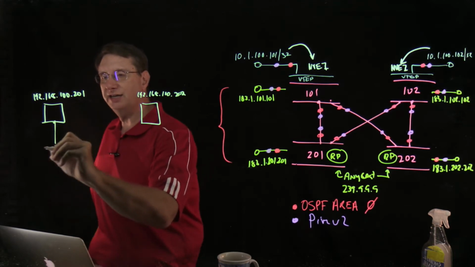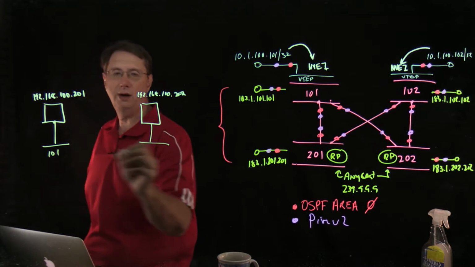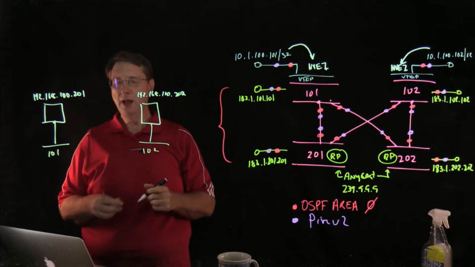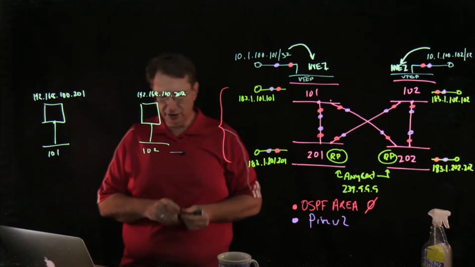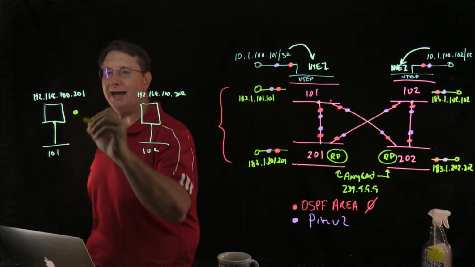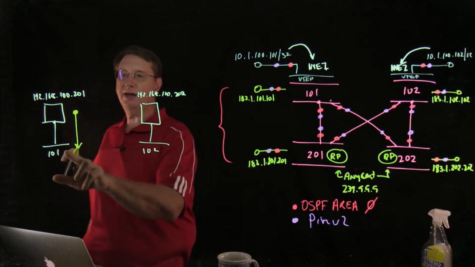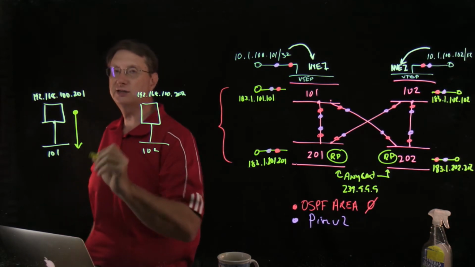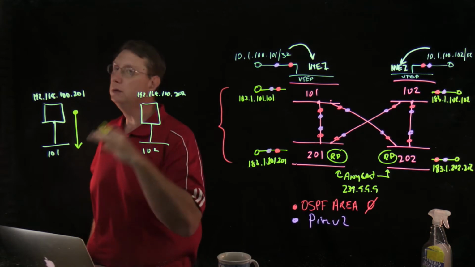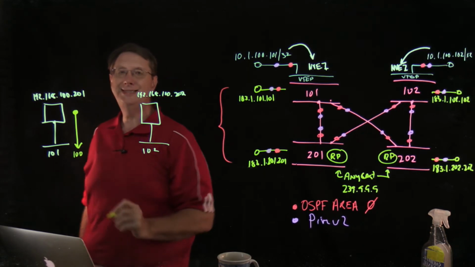This device is connected to one leaf, and this device is connected to the other leaf, 101 and 102. Now, what we did is we created a packet and sent that packet to the leaf. Because it's arriving on an interface in access mode, it recognizes that it's going to be in VLAN 100.